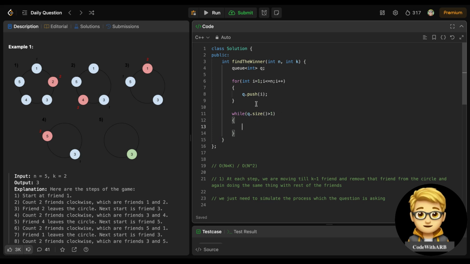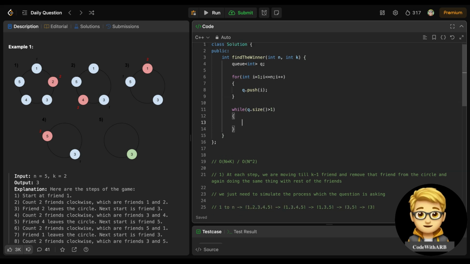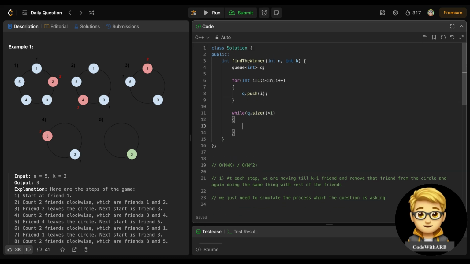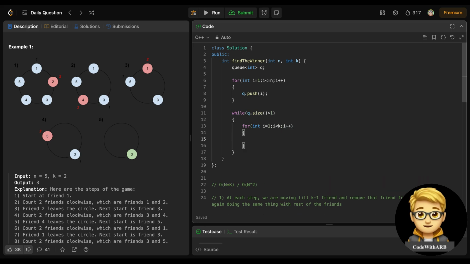Now one thing is clear, that I need to iterate. So I iterate from i equals 1 till k, because I need to remove the kth element which is present.